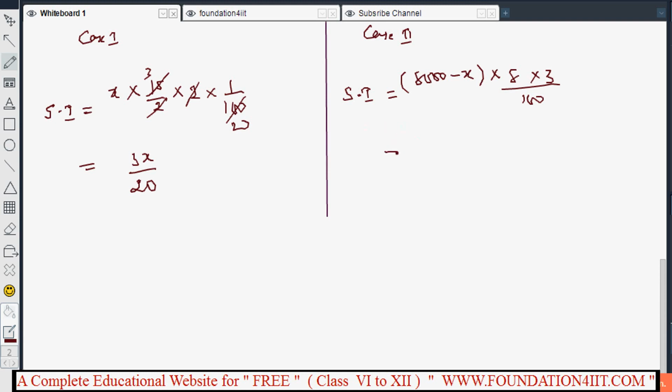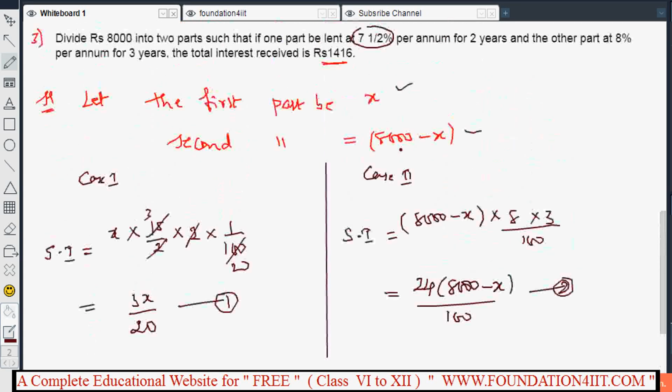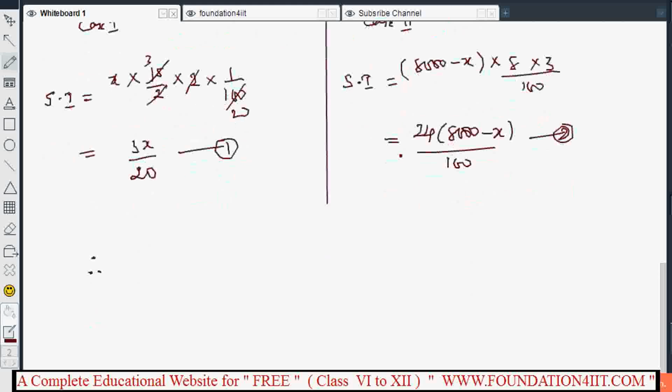Now if you simplify case 2, 8,000 minus x, it is 24 into 8,000 minus x by 100. Therefore the total simple interest received, if it is part 1 and part 2, must be 1416 according to the given data. So the sum of these two should be 1416.